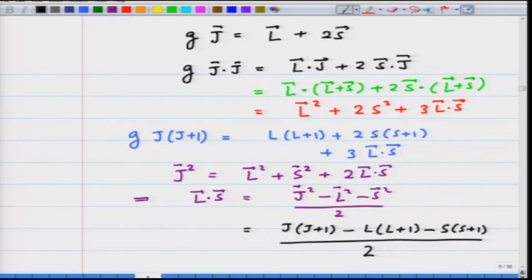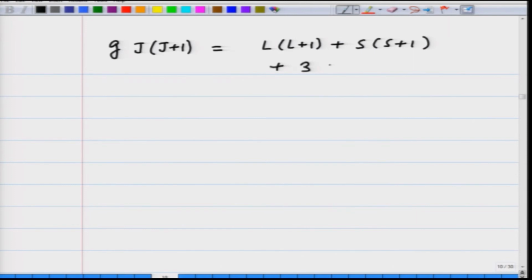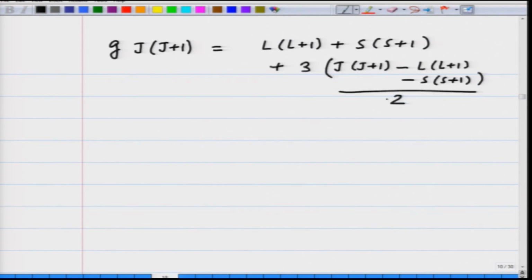This is the value of L dot S, and I am going to substitute this in this expression on top to get g J(J plus 1) is equal to L(L plus 1) plus 2 S(S plus 1) plus 3 times J(J plus 1) minus L(L plus 1) minus S(S plus 1), this whole thing divided by 2. Here is a 2 here also.